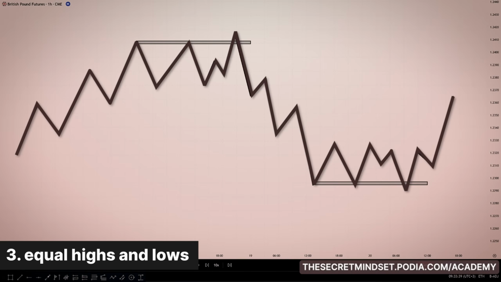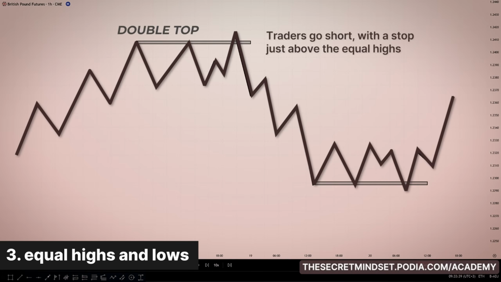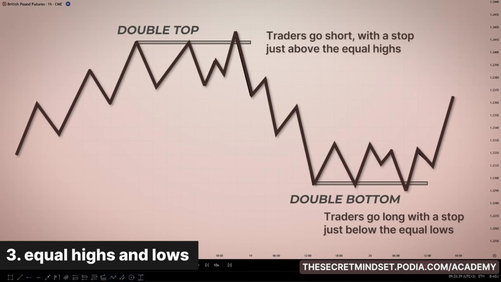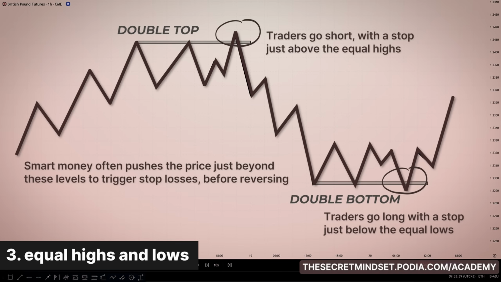For a double top, they might go short, with a stop just above the equal highs. For a double bottom, they might go long, with a stop just below the equal lows. Smart money knows this and often pushes the price just beyond these levels to trigger stop losses before reversing. This creates a liquidity pool that they can use to their advantage.